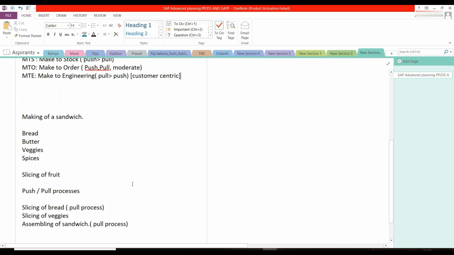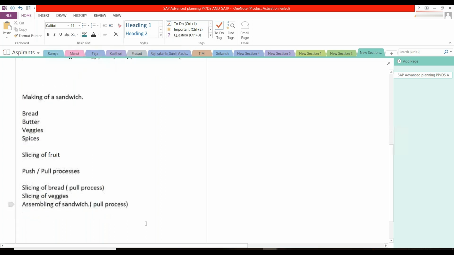So in this context of make to order and make to engineering, the most important thing they have to stay ahead on is the material availability and the capacity availability. I will speak about the capacity, or rather the capabilities, now.